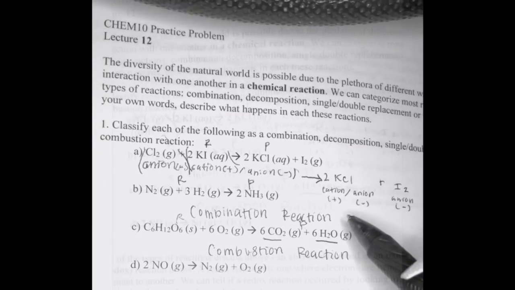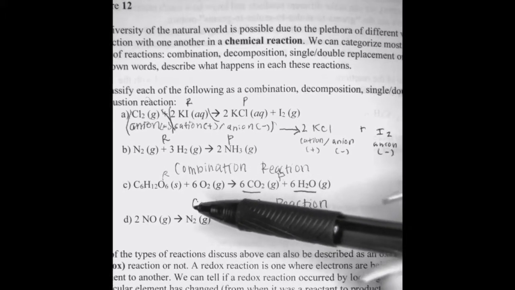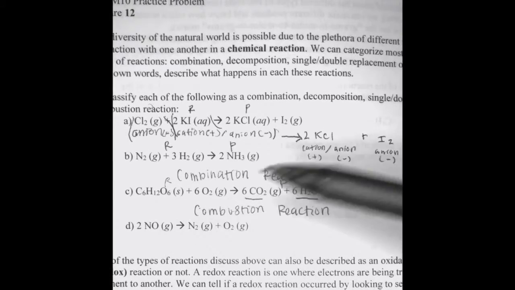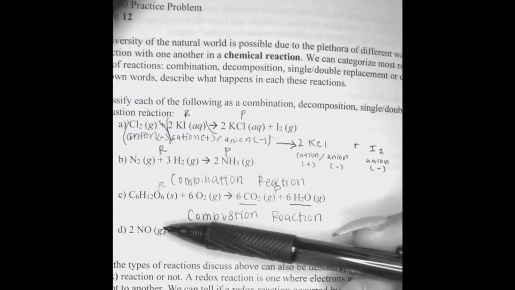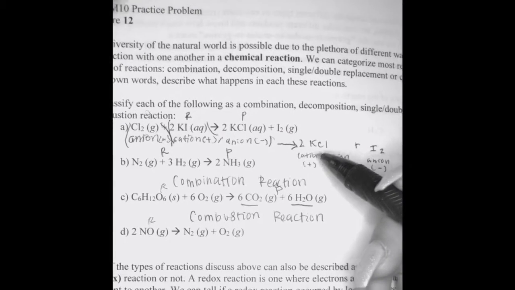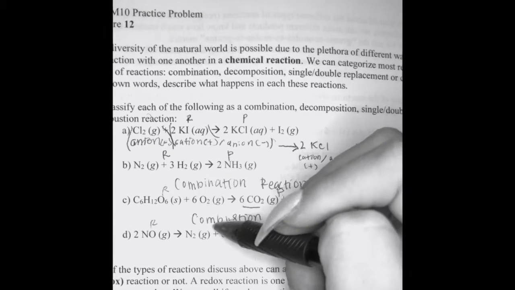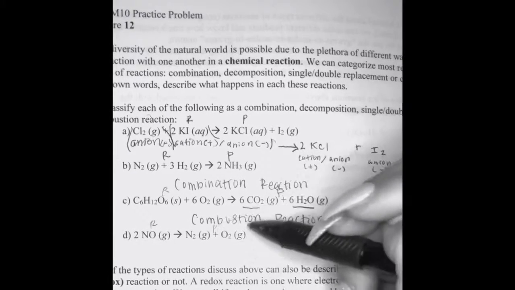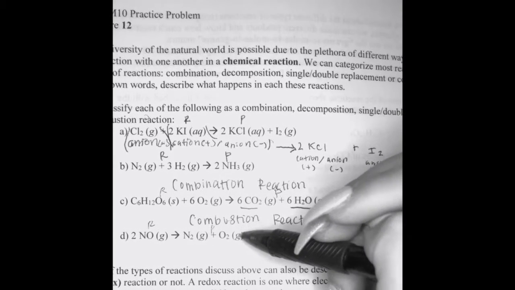So last question for 1D. We have 2 nitrogen gas molecules in the reactant side. Let's just put R for reactant. And it equaling nitrogen 2 gas. And it is adding to oxygen gas.